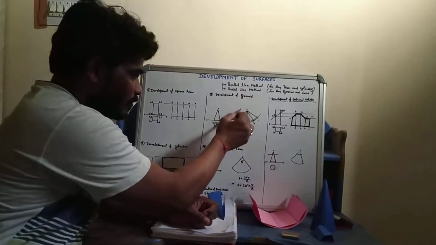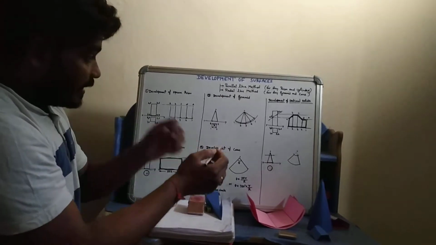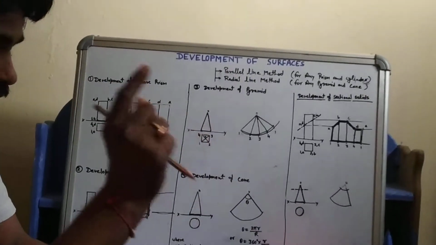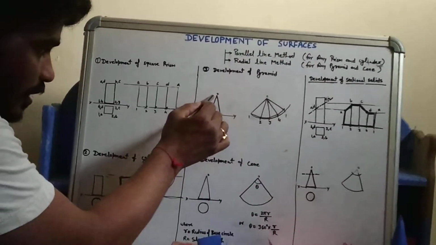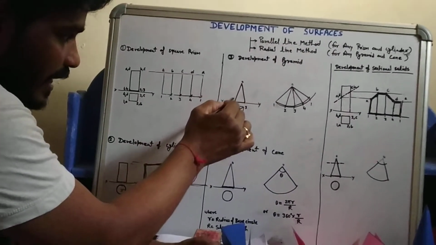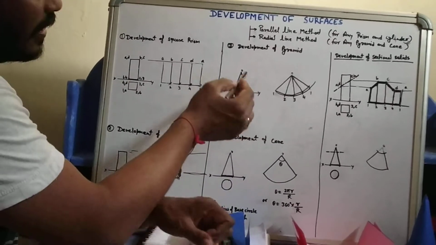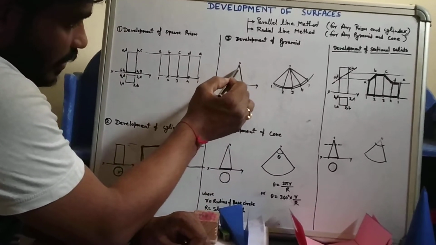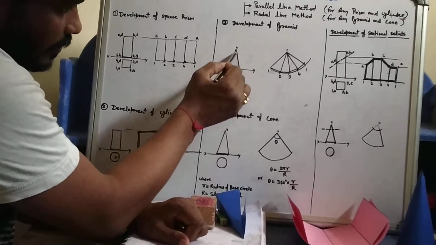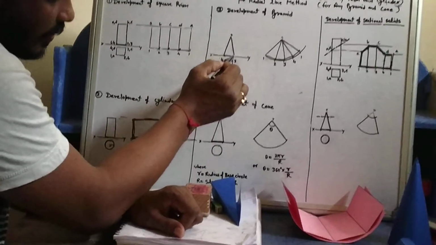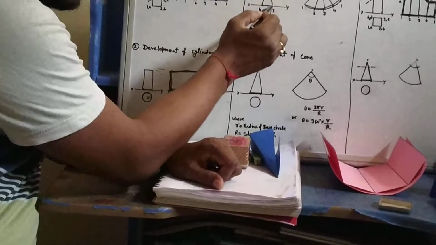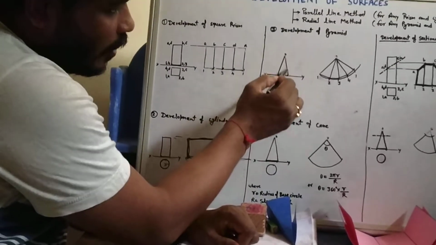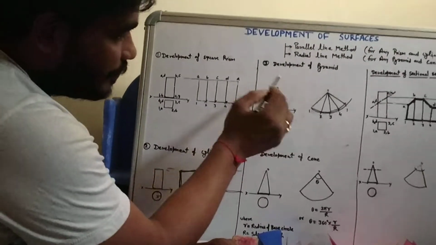This is the initial point O. Take a compass and take a length equal to the slant height, or slant length, the length of the slant side. This is the axis length, and this is the slant height.